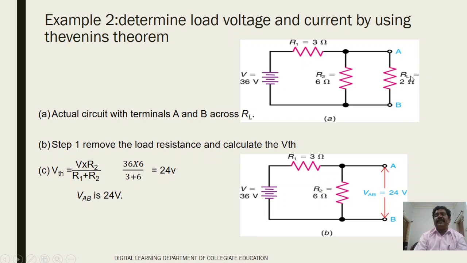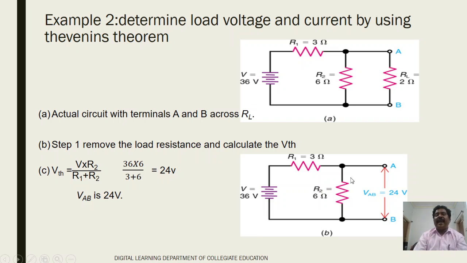If you remove the load resistance, the voltage drop across the 6 ohm resistor will be VTH. So with the 36 volt source and resistors R1 and R2, just apply the voltage divider rule. The voltage divider rule says the total voltage times that resistance divided by the sum of the resistances gives the voltage at that point.